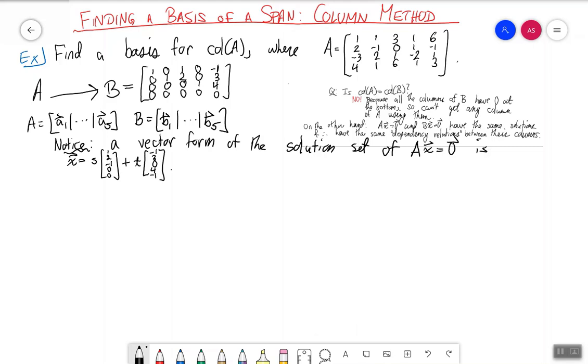In particular, this means that A times the first vector is equal to 0, and A times the second vector is also 0.